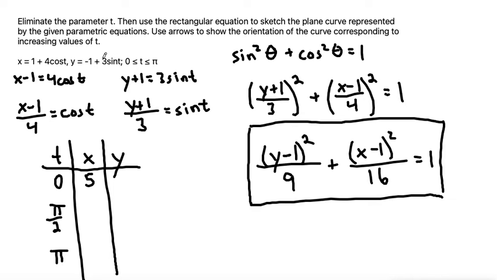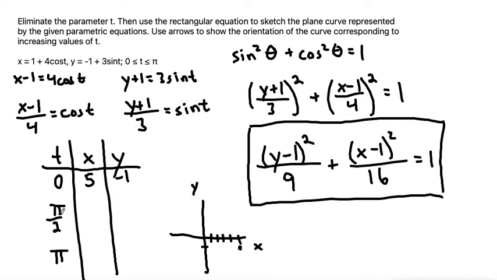So then 0 times 3 is 0, and that would just leave us with negative 1. So that gives us 1 point. If we draw a little sketch of our graph, we know that when x is 5, y is negative 1. So this side's going to be x, this is y, and our first point will be about right here.